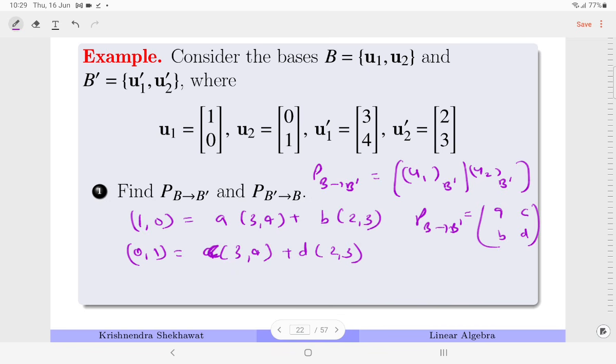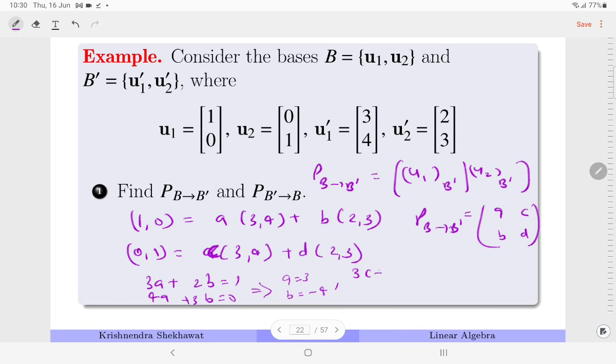So if you solve them, you will get the following equations: 3a plus 2b is equal to 1 and 4a plus 3b is equal to 0. Solving them gives you a is equal to 3, b is equal to minus 4.